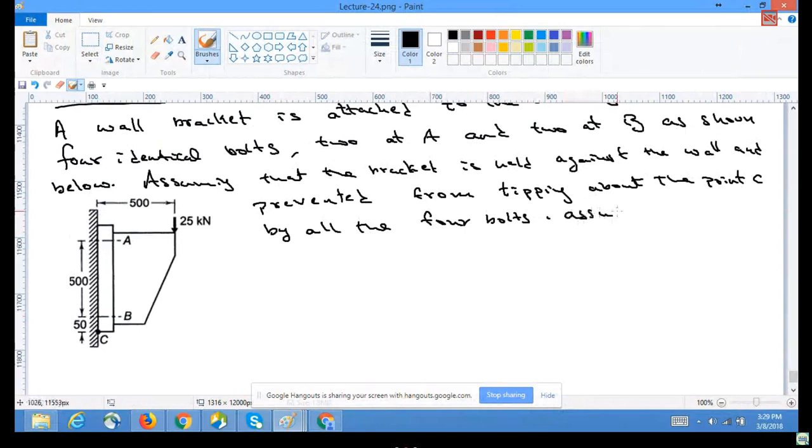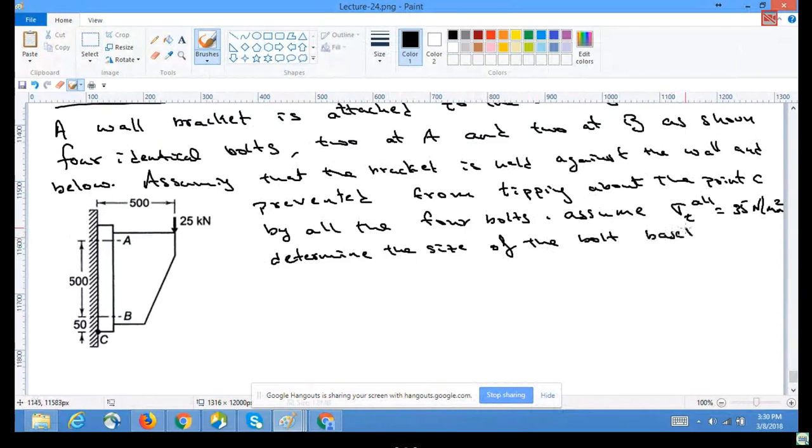Assume sigma T allowable is equal to 35 Newton per mm square. Determine the size of the bolt based on maximum principal stress theory.